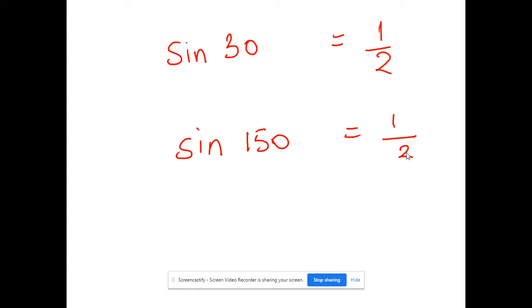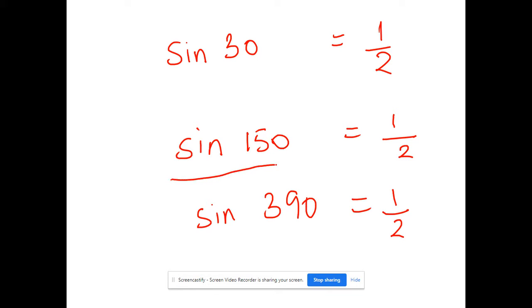And then in fact, there's an infinite number. You don't need to understand how to get these numbers, but this is just to show you how we can get more than one answer. For example, sine of 390 will also give you 1/2, so on and so forth. But these are the two key ones we're going to look at.